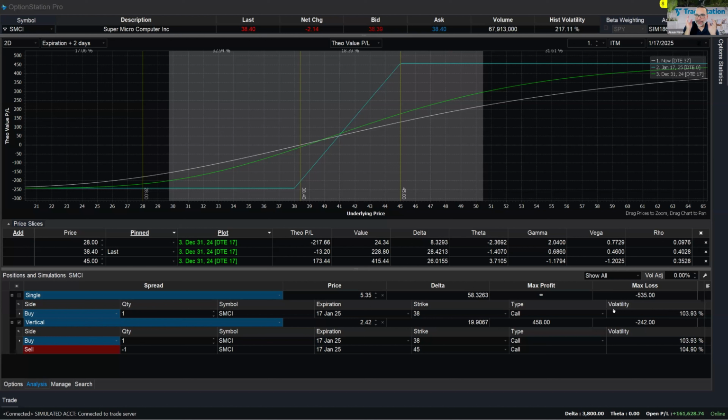So there's three scenarios that we talked about here. We talked about placing a trade on the underlying asset, on the shares, like buying the 100 shares outright and dishing out the $3,800. We talked about just buying the call, which is also bullish, and only paying $535 for that call.